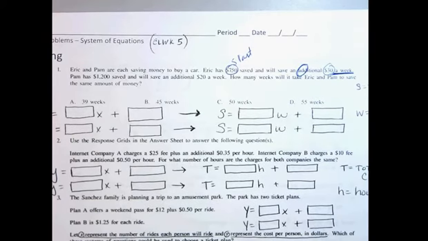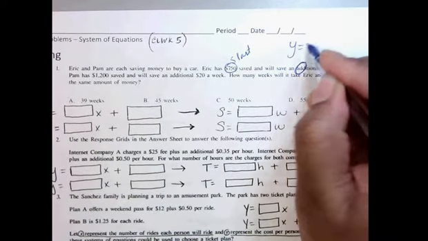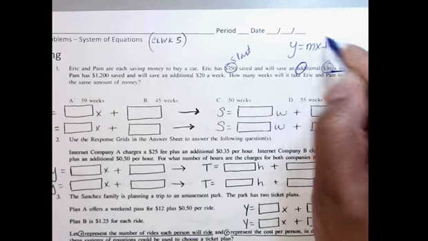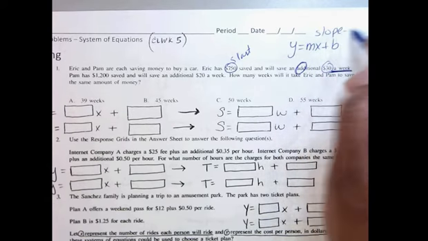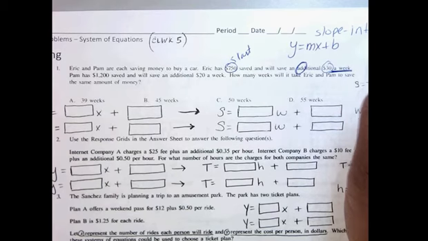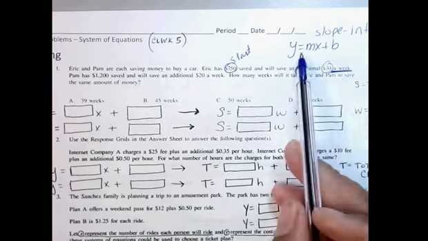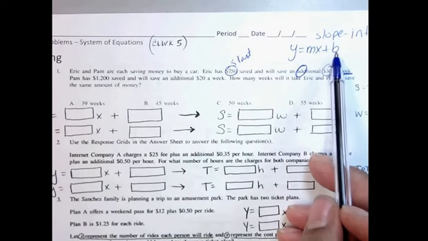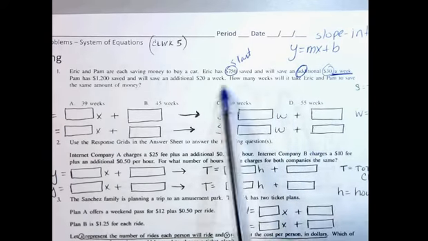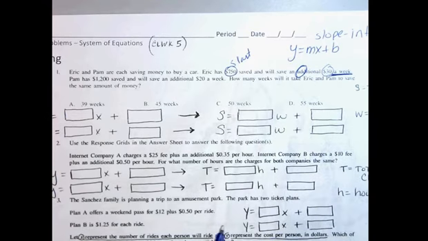This word problem is set up for what I call slope-intercept form. Y equals mx plus b. That means one of the numbers you see in the sentence will be m, one will be b.